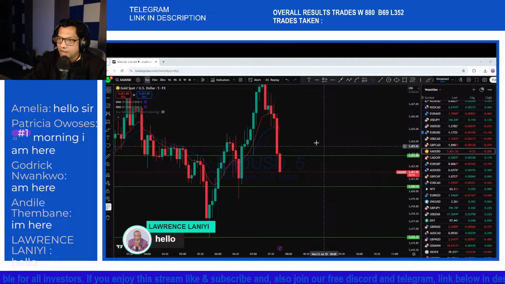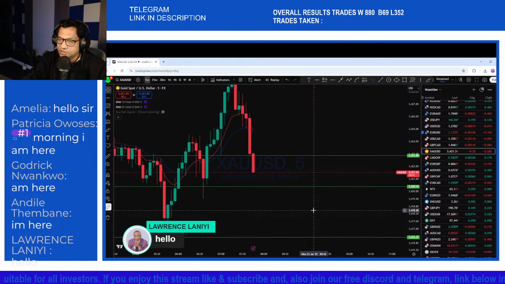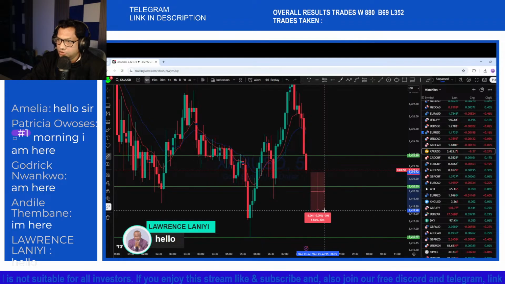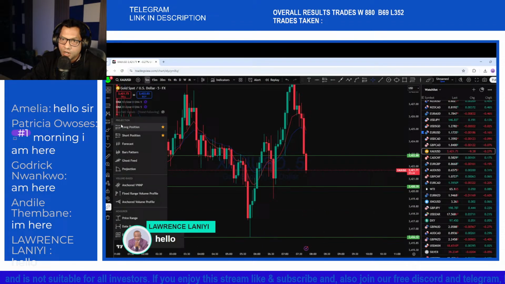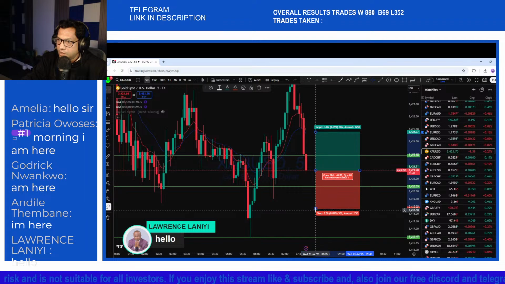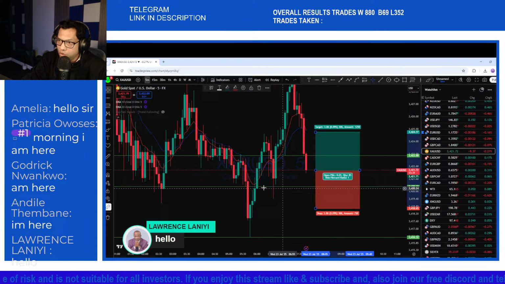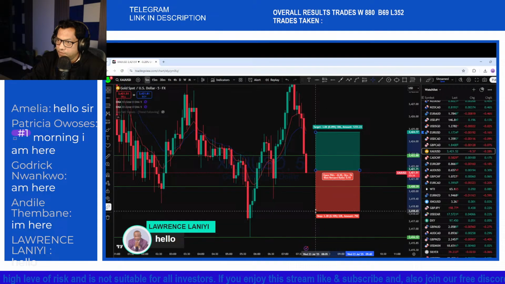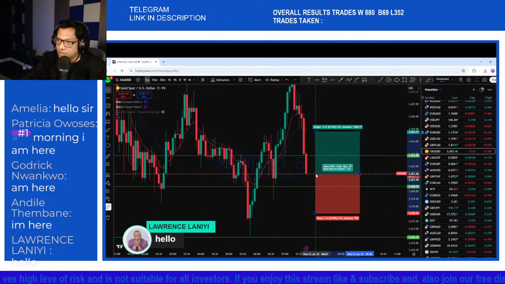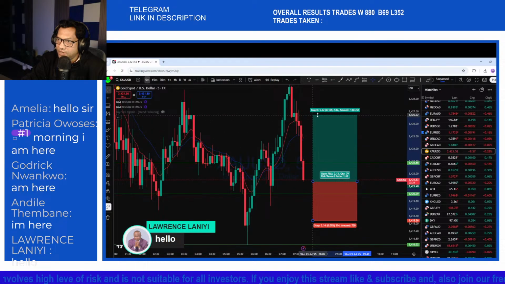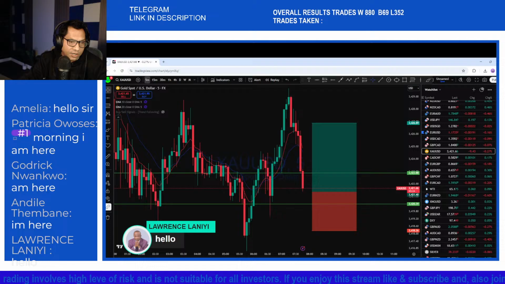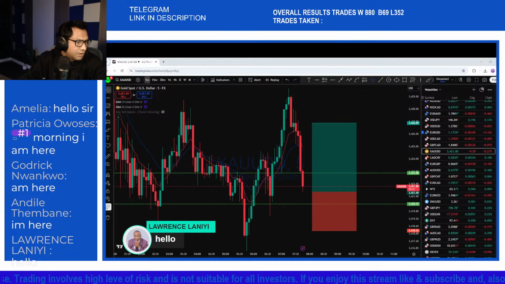So I'm ready for an entry, possibly from this support level, with around a 30 pip stop loss. I'm going to open buy with a stop loss below this low here, with a 31 pip stop loss, with this possible rejection back to the upside to this level with a 1.75 times profit target.